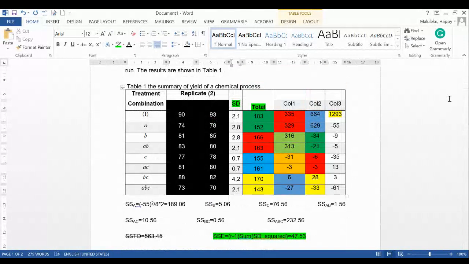When you use Yates algorithm, you must get the same conclusion. So this contrast must get the same thing.